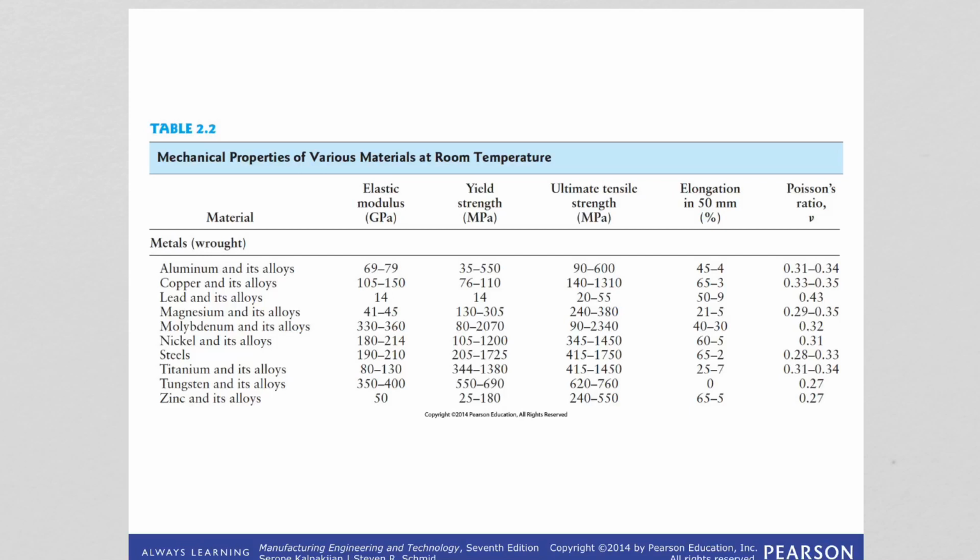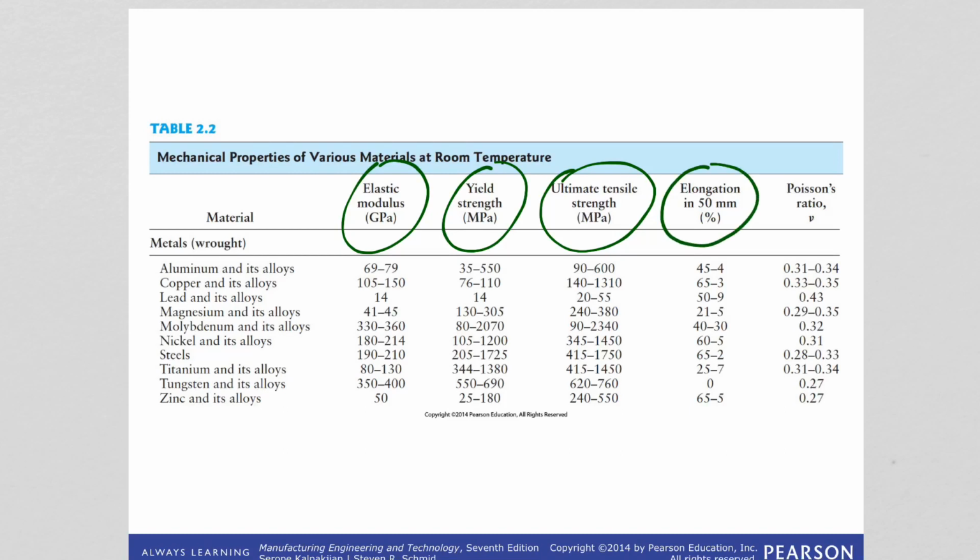Here we are seeing elastic modulus ranges, yield strength, ultimate tensile strength, and elongation in 50 millimeters, which means percent elongation, or ductility. 50 millimeters means generally the original gauge length, the original length of the specimen, is 50 millimeters. And then there is the Poisson's ratio of the materials, so that you can compare.